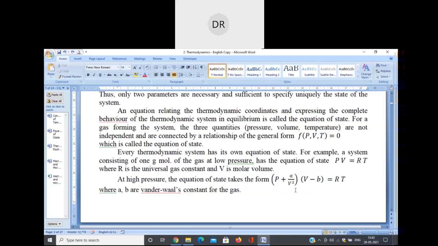This is not an ideal gas. This is a real gas, or actual laboratory gas. So the van der Waals gas, or real gas, satisfies the equation (P + a/V²)(V − b) = RT.